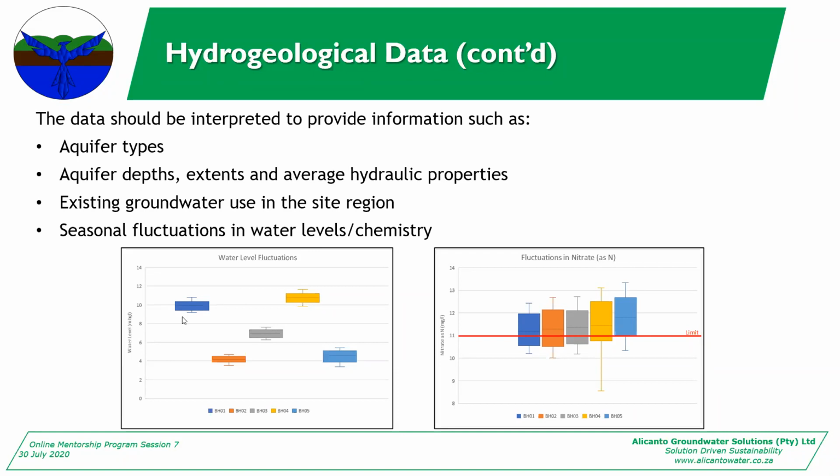You can see in the groundwater levels, there's no real deviations. It's quite a narrow spread. But with your nitrates, this one's got quite a broad spread, with a massive one going down to your minimum value. So it just gives you a good idea of what your data set is looking like.